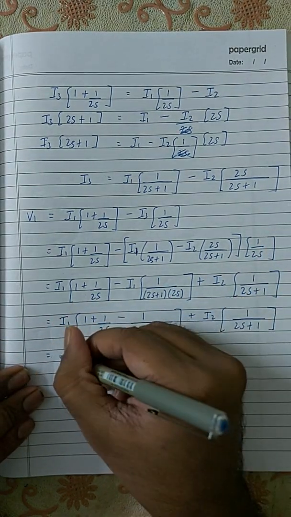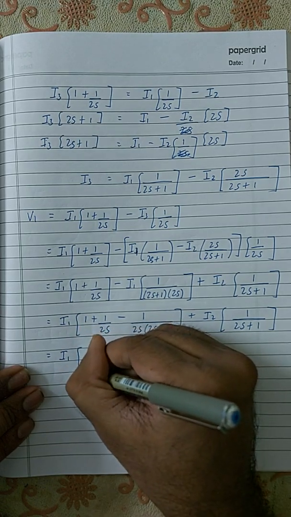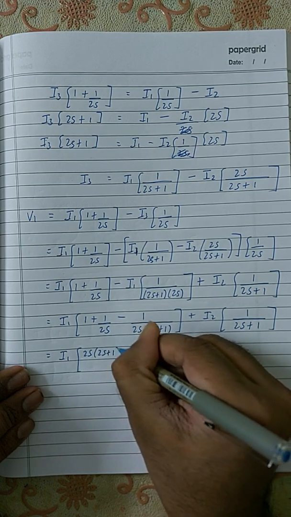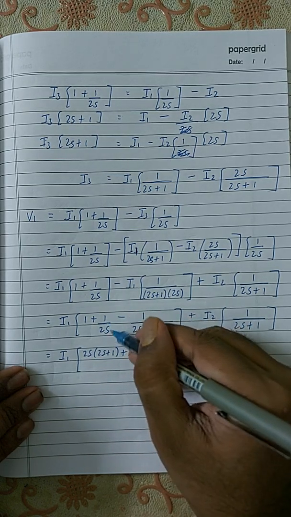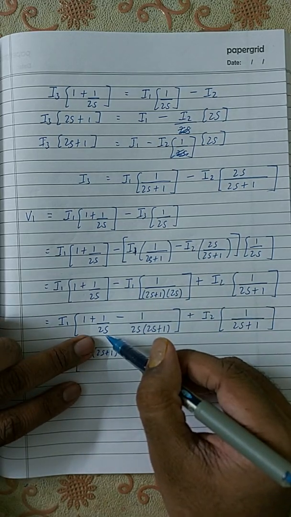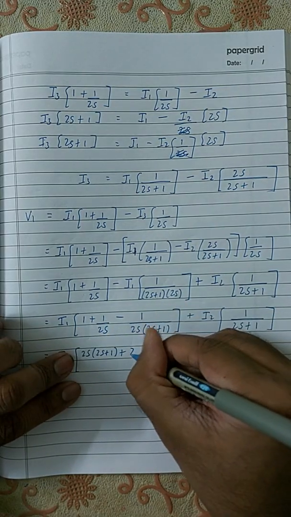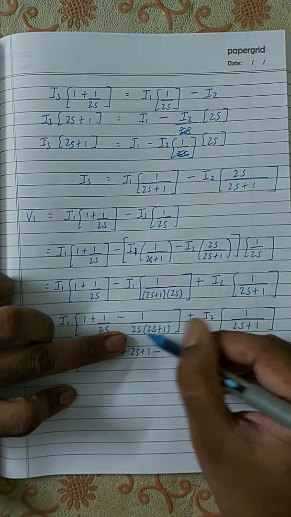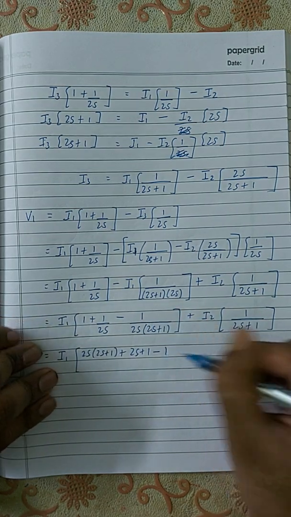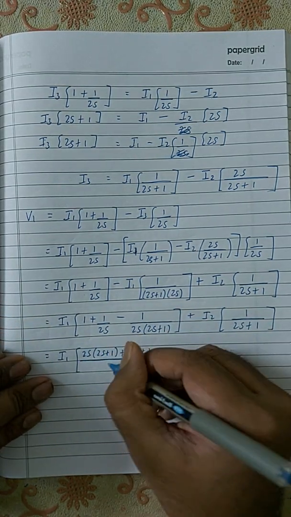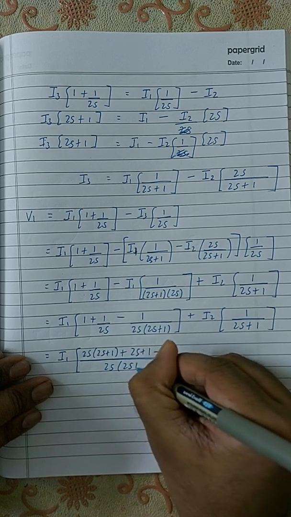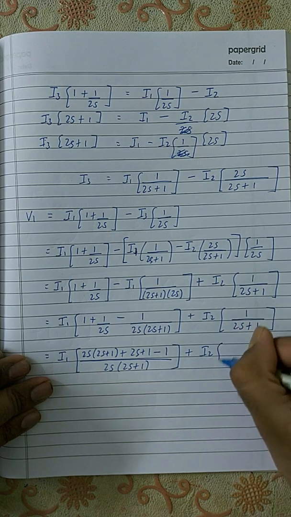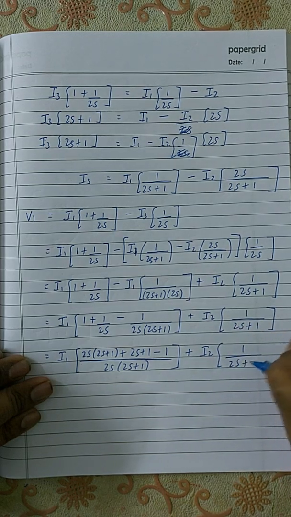This is also equal to I1 into, if you take the reciprocal, this will become 2s into 2s plus 1, plus, and the reciprocal over here, here the LCM is 2s into 2s plus 1, so the numerator over here is 2s plus 1 minus, and here the reciprocal is already the same, 2s into 2s plus 1, so the numerator is exactly the same, by 2s into 2s plus 1, plus I2 into 1 by 2s plus 1.